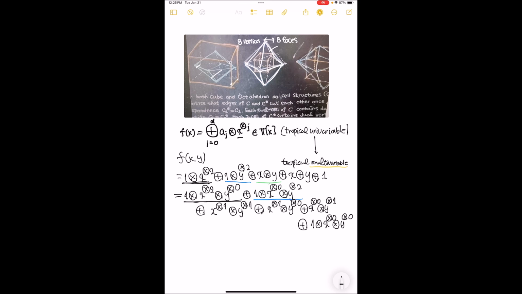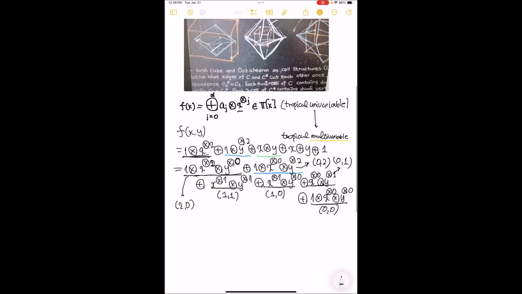Then, in that case, we focus on the power of each monomial. That is 2, 0. That guy is 0, 2. That is 1, 1, 1, 0, 0, 1, and the last term is 0, 0.